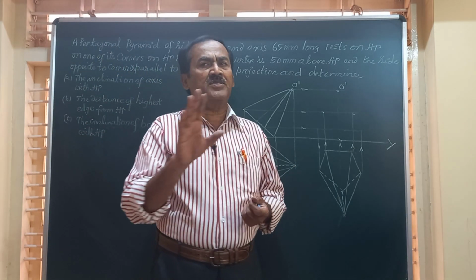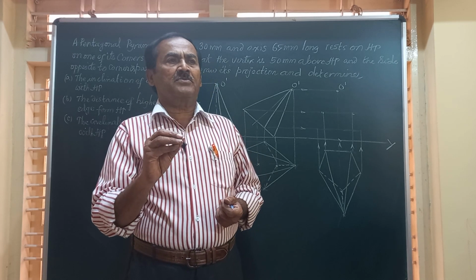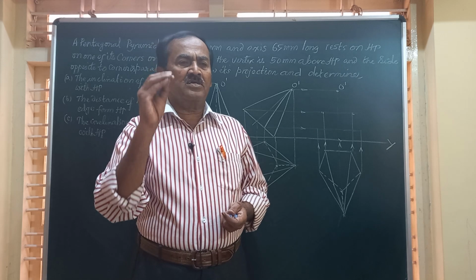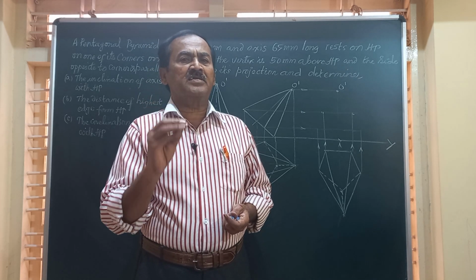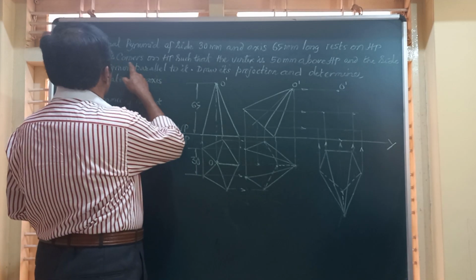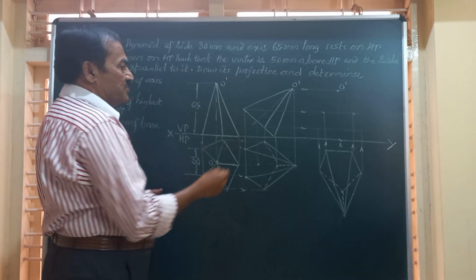So we have to read the question step by step. And first of all, our aim is to see that the object is correctly placed in its initial position. Now friends, you can see here, it is resting on one of its corners on HP.